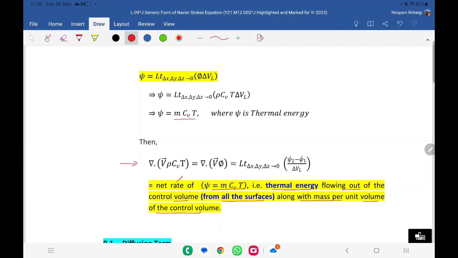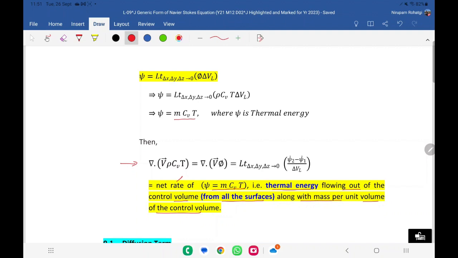So what we have done is, first, we have seen that all the Navier-Stokes equations are equations of conservation, and the physical quantities involved are mass, momentum and energy. Physically they can be broken into four terms: accumulation, source, diffusion and advection.